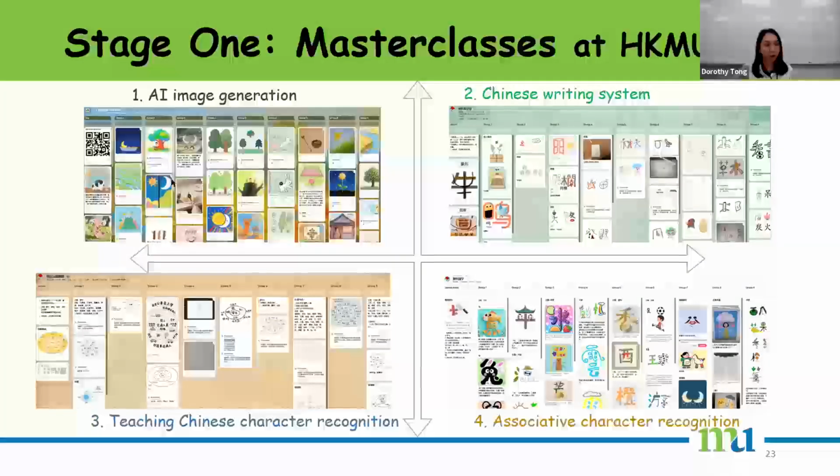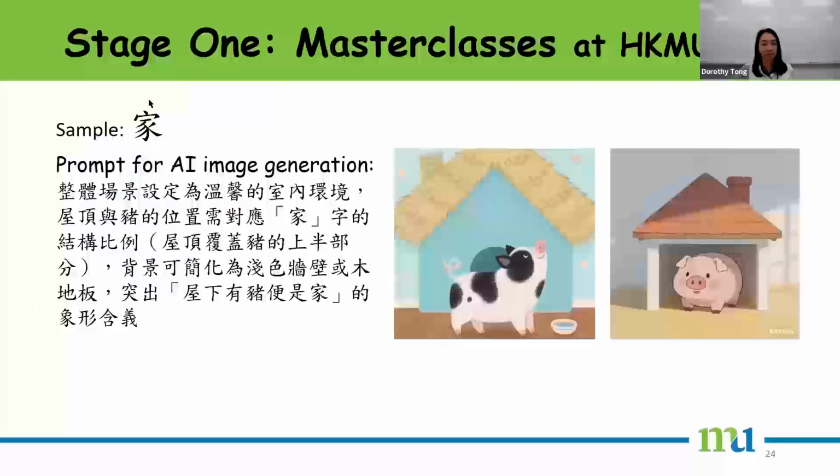The first one focuses on the Chinese character for family, 家庭. This was from the first workshop, the AI image generation workshop. This is the prompt the student gave to the AI generator to make this picture.